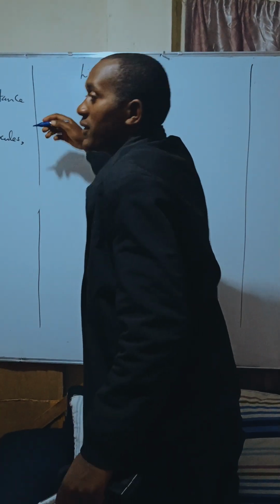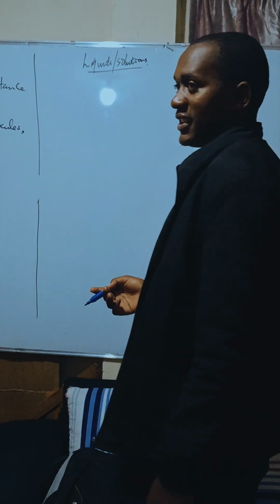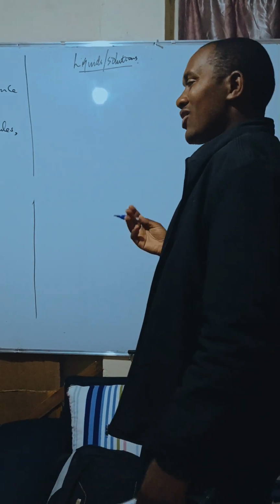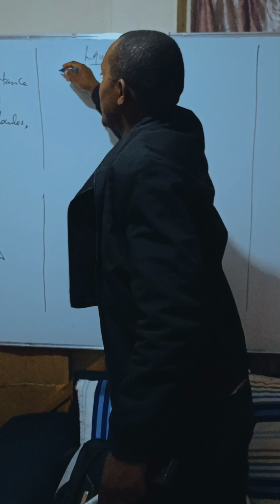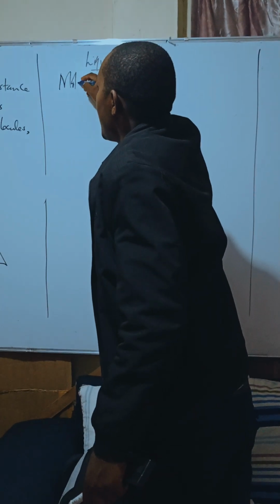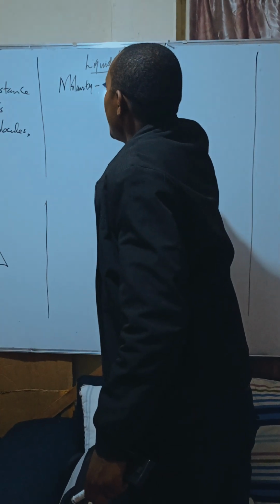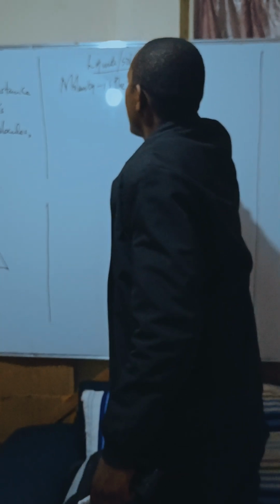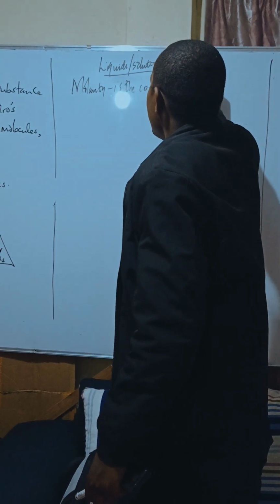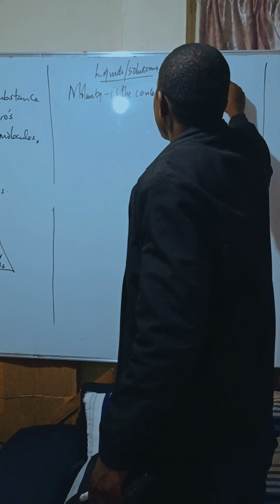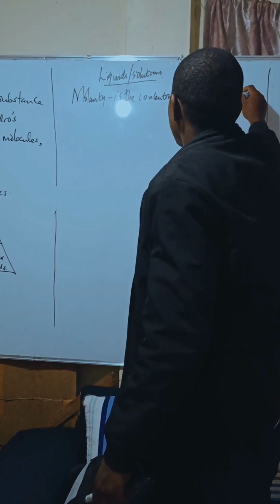If, for example, we dissolve sodium hydroxide pellets in water, we are going to use concentration, which is molarity. This is the universal molarity. What is molarity? Molarity is the concentration in moles per liter.